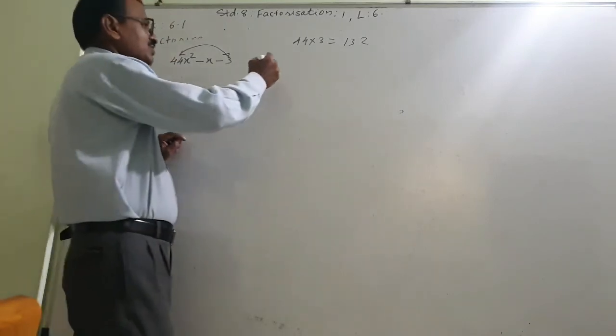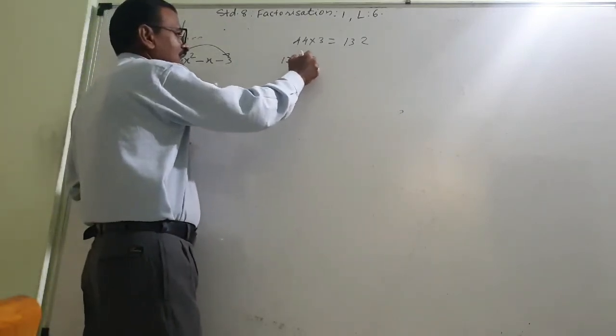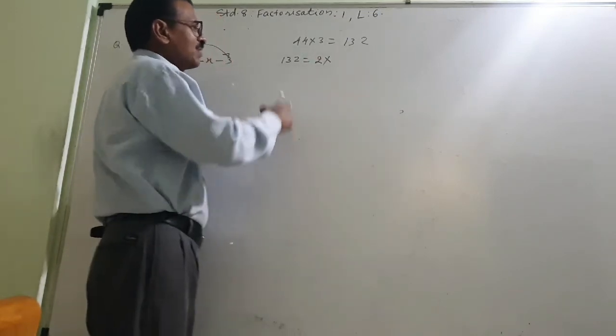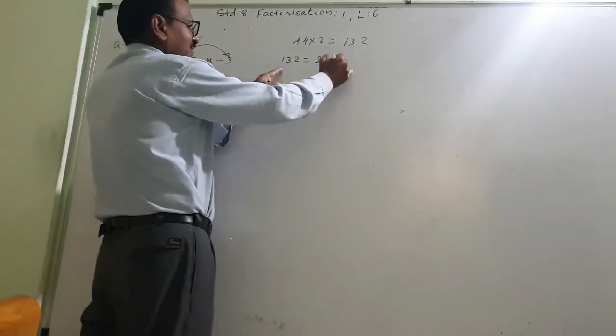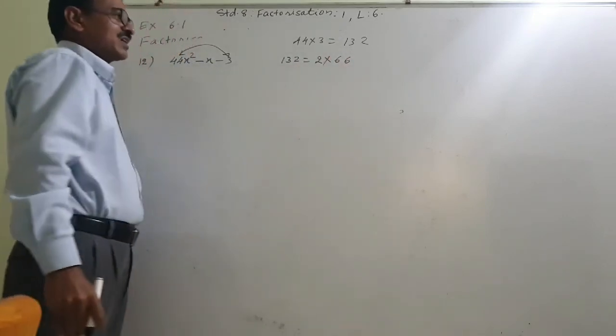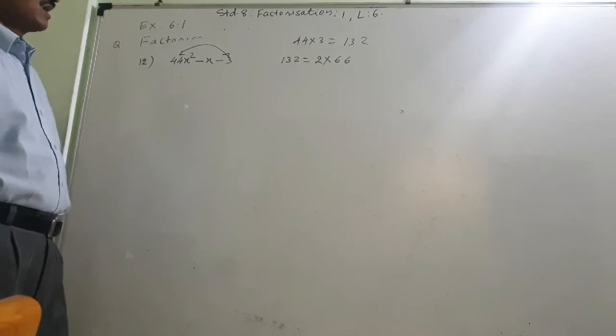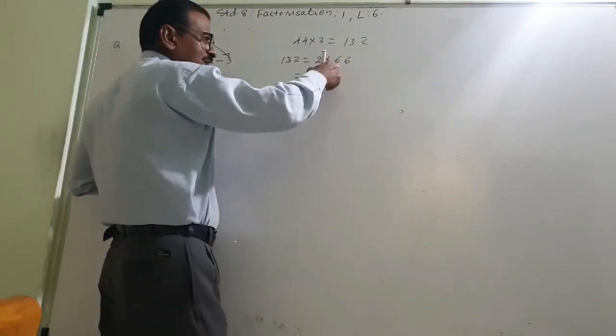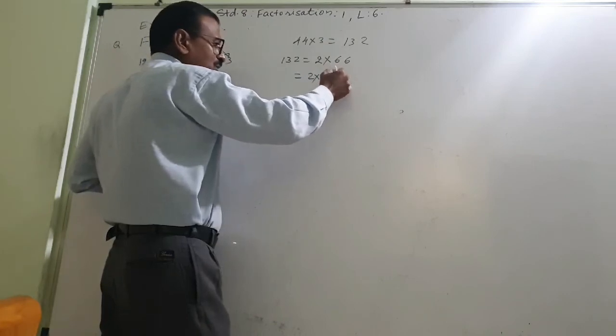I have to judge the factors. 132. I will start with the smaller factor 2. 2 into how much? 2 6s are 12, remains 1, 2, 66, 2 into 132. Another 2 into. Now this is also divisible by 2, so 2 into 33.